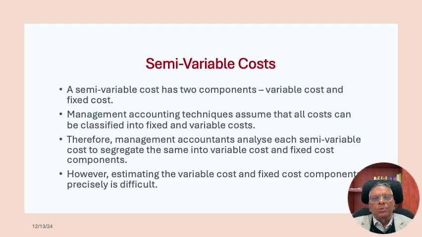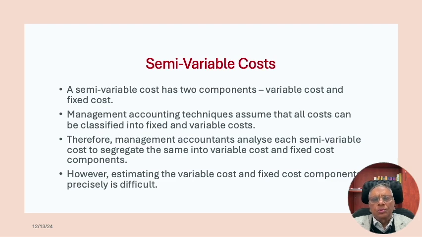Or take a batch of production of chemicals, then the chemical inputs are variable with the number of batches, and therefore those are variable cost. So usually we shall say that all direct costs are variable cost. But when we come to the semi-variable cost, there is a fixed and there is a variable component.